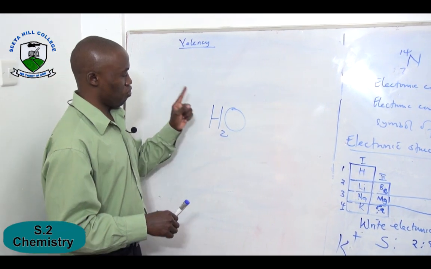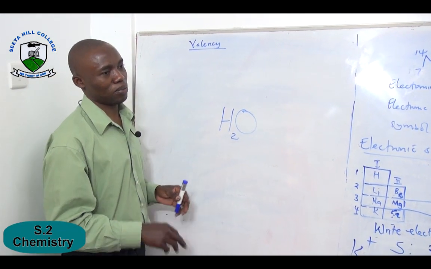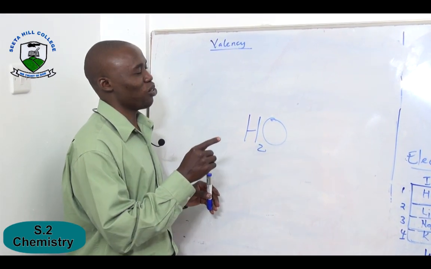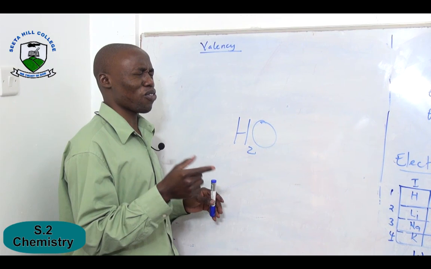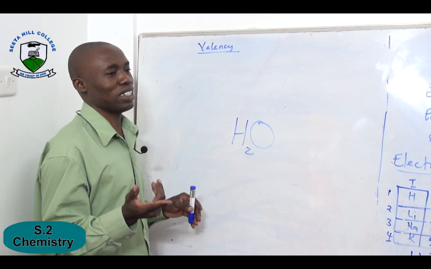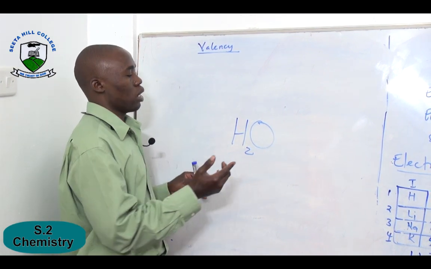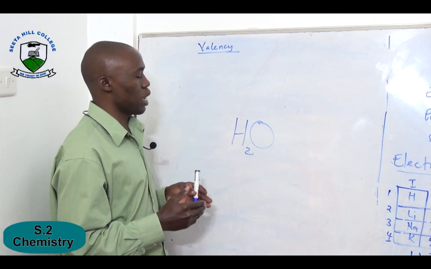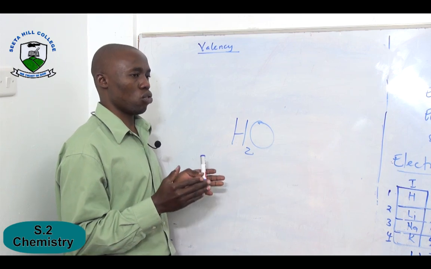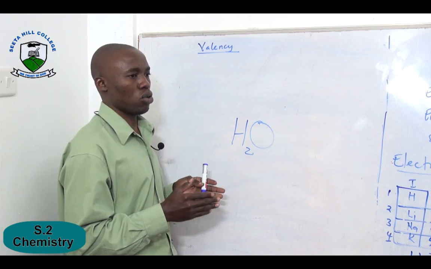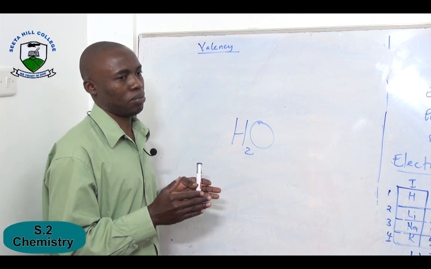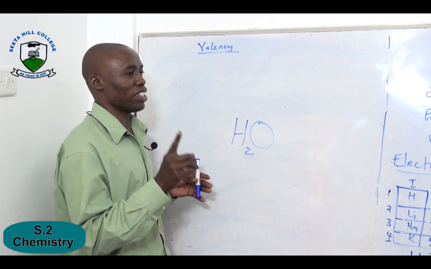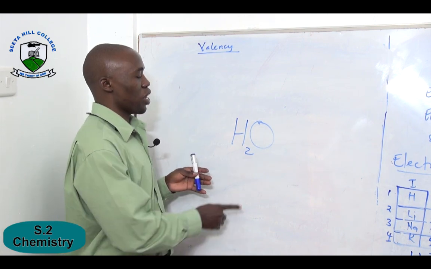In the discussion of valency, look here. This is the formula for water. And now you figure, how did that formula for water come about? Oxygen has combined with 2 atoms of hydrogen. Listen, the wording is saying oxygen has combined with what?